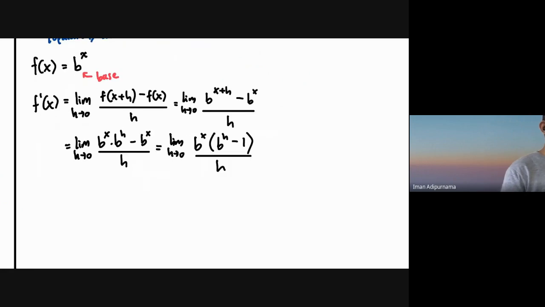Now, b to the power of x is a component that doesn't depend on h, right? So we can factor out b to the power of x because it's independent of h. So factor this outside.